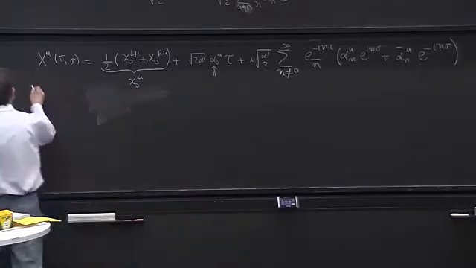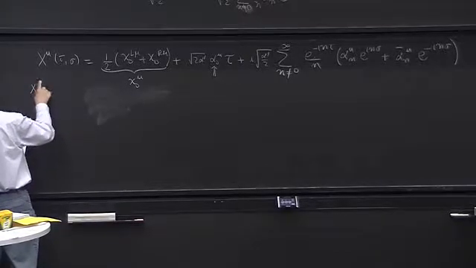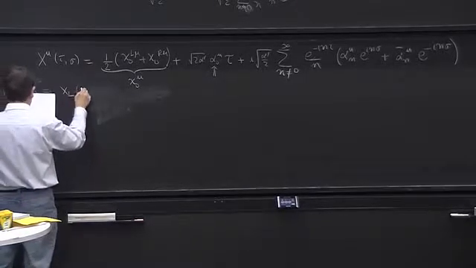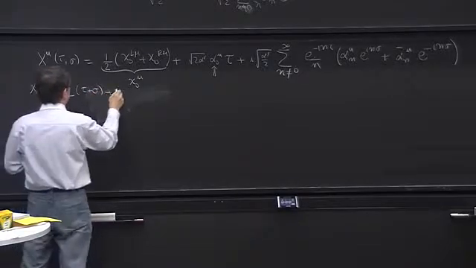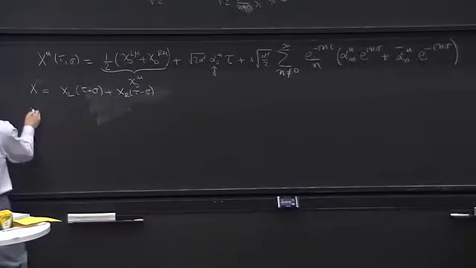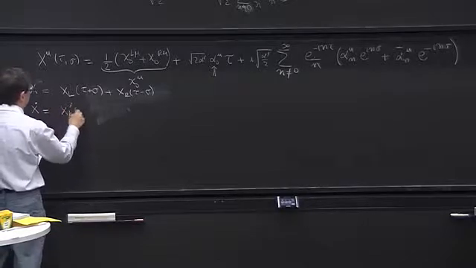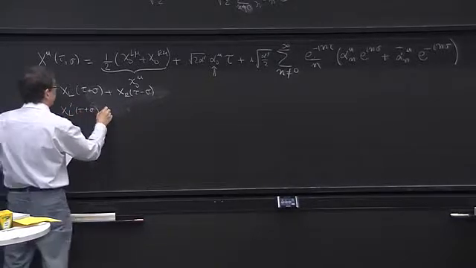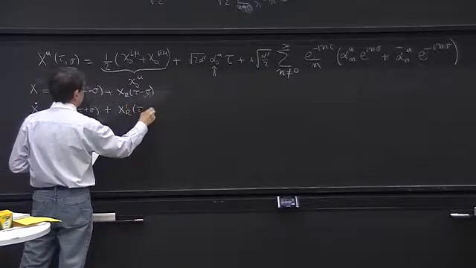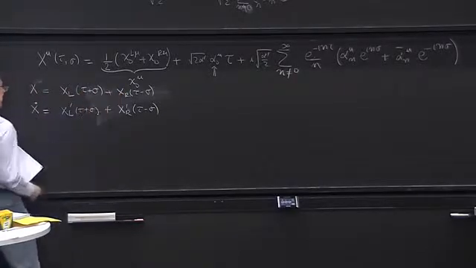So let's rewrite the fact that x, and I won't put the subscript mu, it's just too much work, is equal to x left of tau plus sigma plus x right of tau minus sigma. So what is x dot? X dot is x left prime of tau plus sigma plus x right prime of tau minus sigma. You're differentiating with respect to tau, so the prime derivatives are the things that hold.